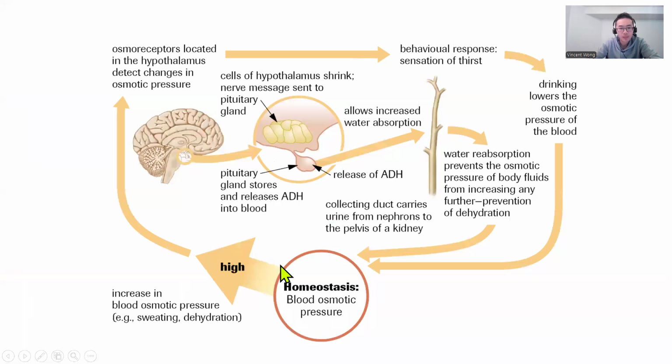So over here we have blood osmotic pressure goes up. In other words, in simple English, the blood is too concentrated, too salty. Okay, because of, for example, excessive sweating, dehydration. Okay, please note, blood loss is not going to trigger ADH.